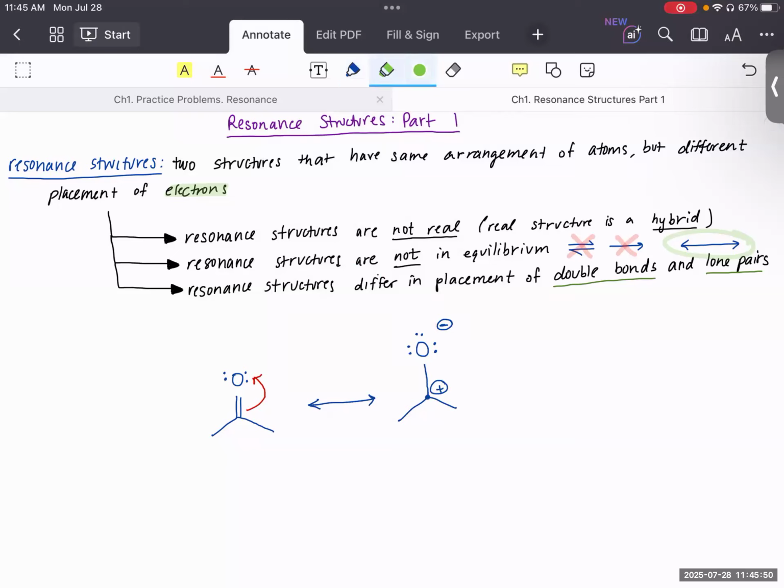To illustrate this, again, we started with the double bond. The arrow starts at the double bond, and it ends where that lone pair ended up. I'm going to highlight the double bond in red, and then the lone pair on the oxygen in red as well, to show where each of those electrons ended up.